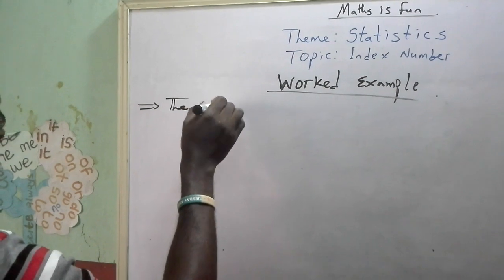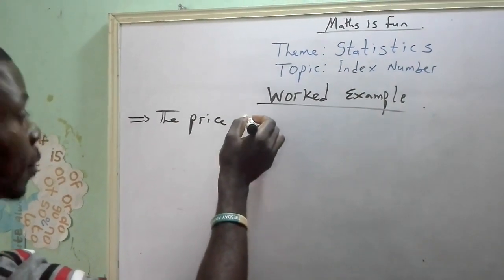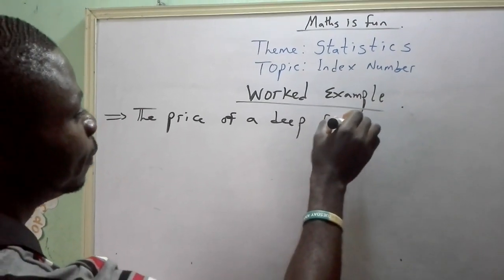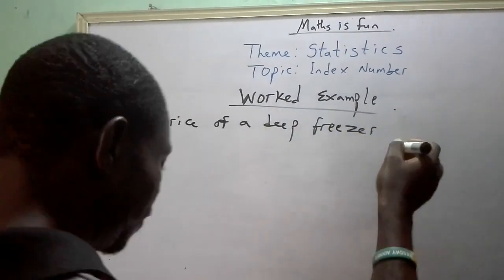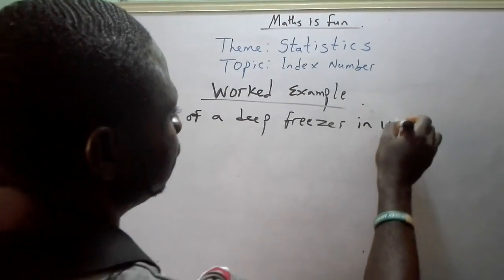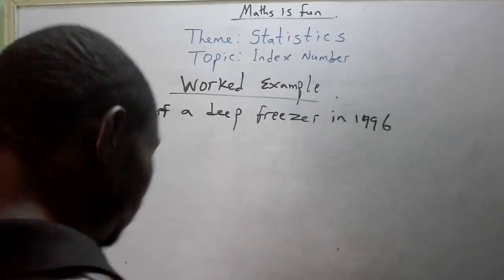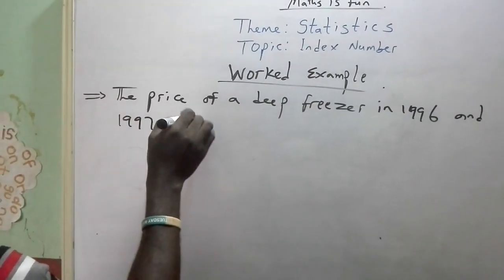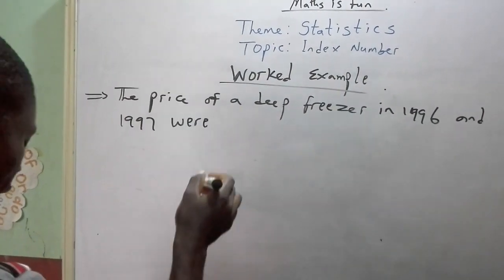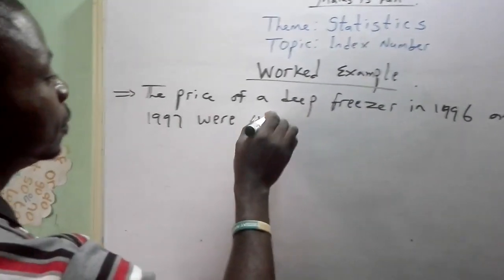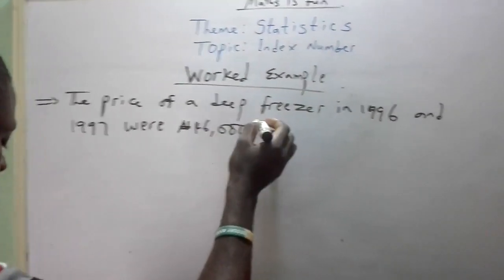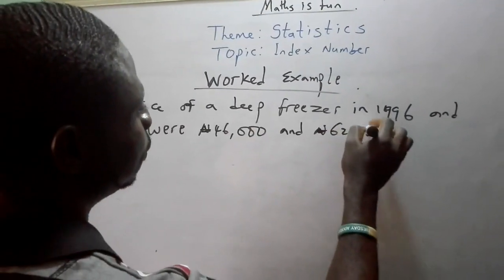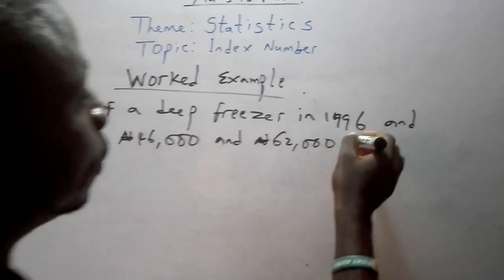The price of a deep freezer in 1996 and 1997 were 46,000 and 62,000 naira respectively.